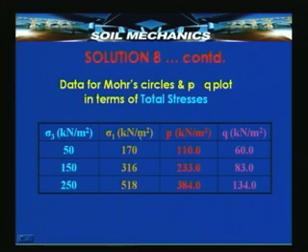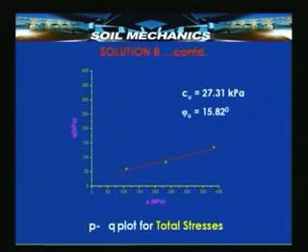So, now if I take the total stresses that have been obtained in this experiment, we have sigma 3 the total stress, we have sigma 1 the total stress, and corresponding values of P and Q will be sigma 1 plus sigma 3 by 2, sigma 1 minus sigma 3 by 2, and these are these values. These values can be used for drawing the PQ plot. Here is the PQ plot. So, as we saw, the data of the problem is adequate enough to compute P and Q values and plot them.